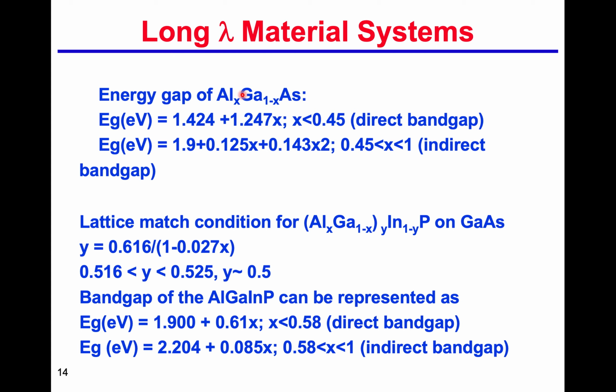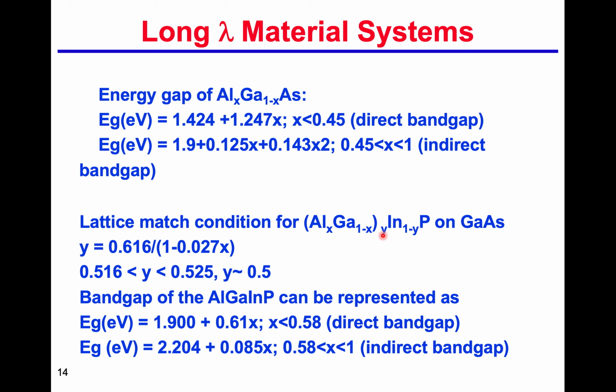Okay, so for the long wavelength material, the previous aluminum gallium arsenide system, we do not use that anymore. As we can see here, if we want to have the lattice match condition for the aluminum gallium indium phosphide system, the Y value, which means the composition of aluminum and gallium, the summation of aluminum and gallium is almost equal to the indium.